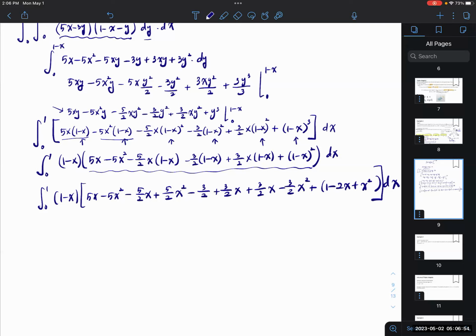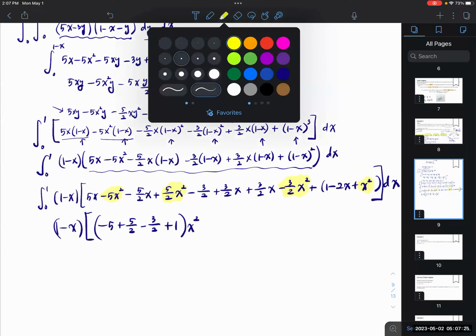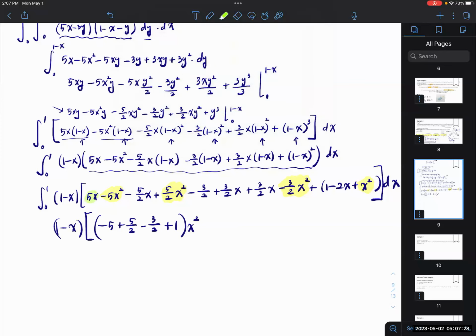Okay, so now I'm trying to combine like terms. Minus 5x squared, plus 5 over 2 x squared, minus 3 over 2 x squared, plus x squared. These are all the x squared family. We have a 1 minus x in the front. All right, you can simplify later. And then the x family: 5x minus 5 over 2 x, plus 3 over 2 x, minus 2x.